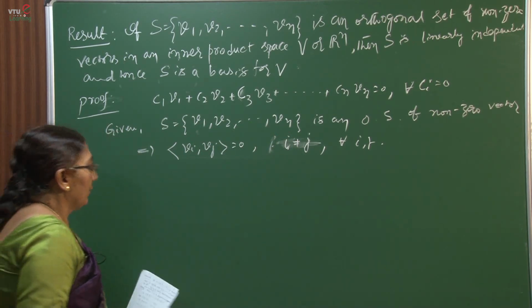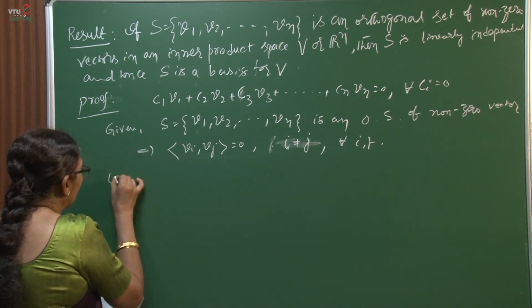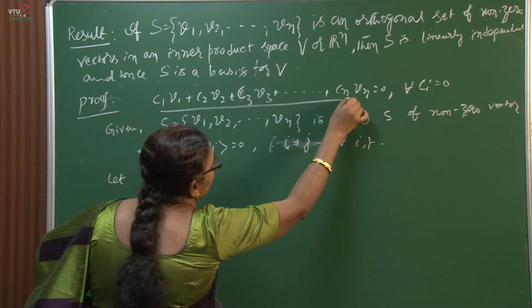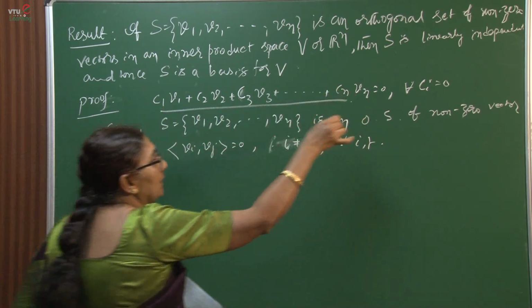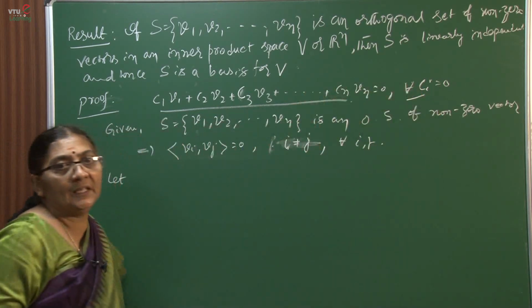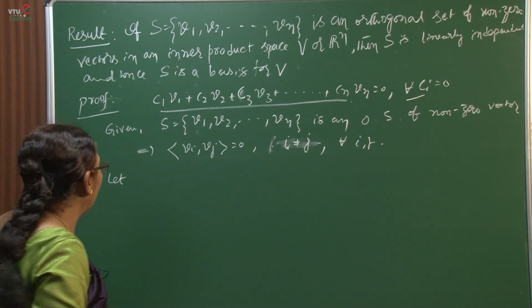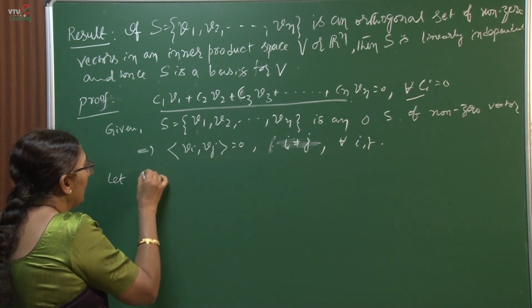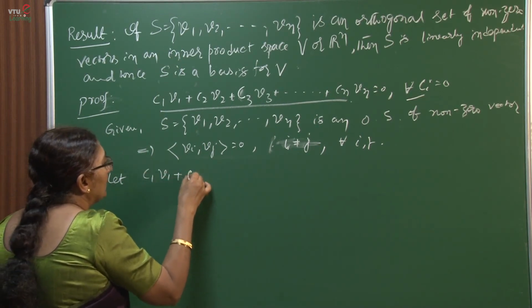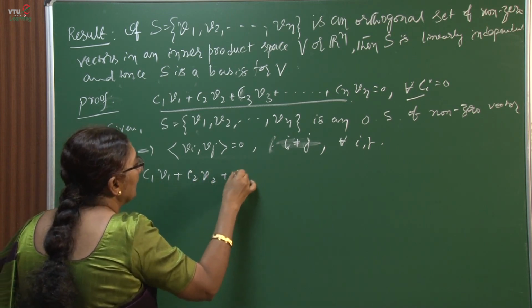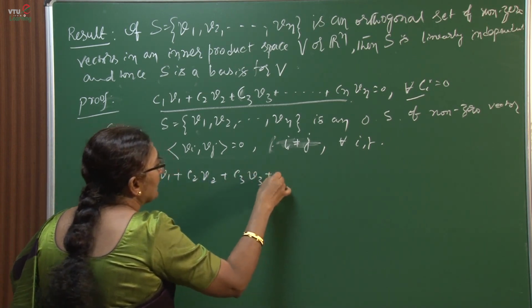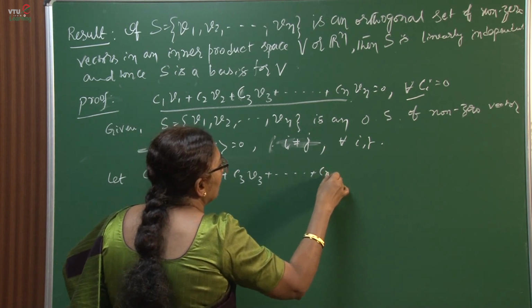Okay. Now I have considered this part. Once you consider this part, I have to prove that every Ci is equal to 0, then we can clearly conclude S is linearly independent. Therefore, I will choose: let C1 V1 plus C2 V2 plus C3 V3 plus ... Cn Vn be equal to 0.